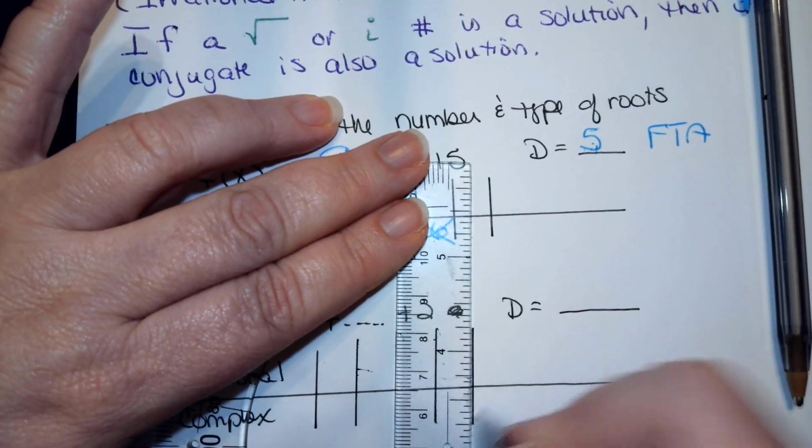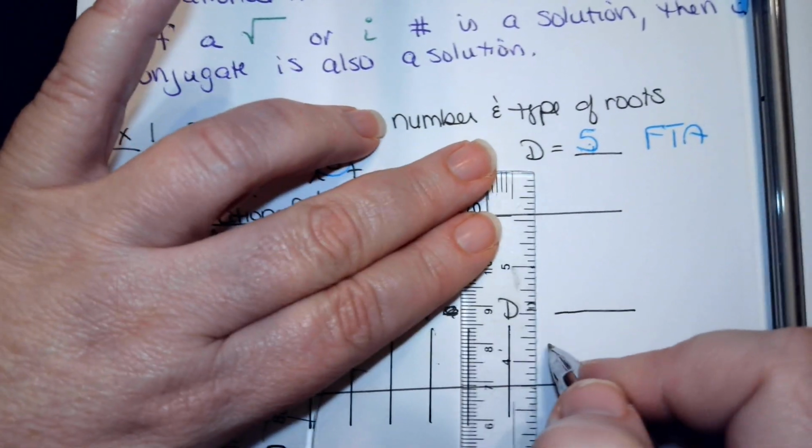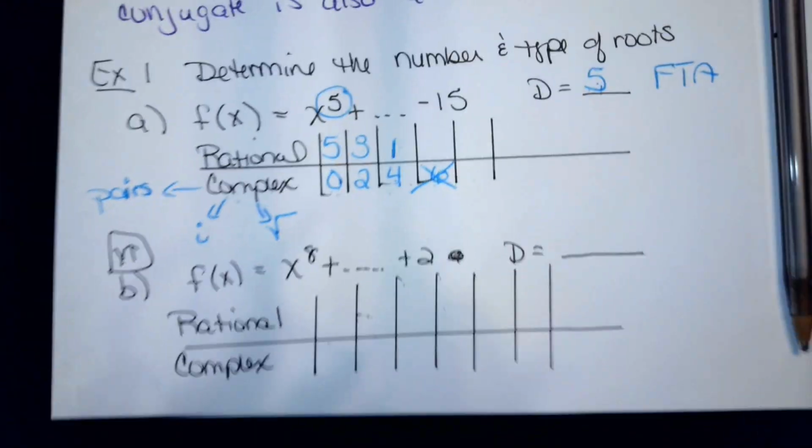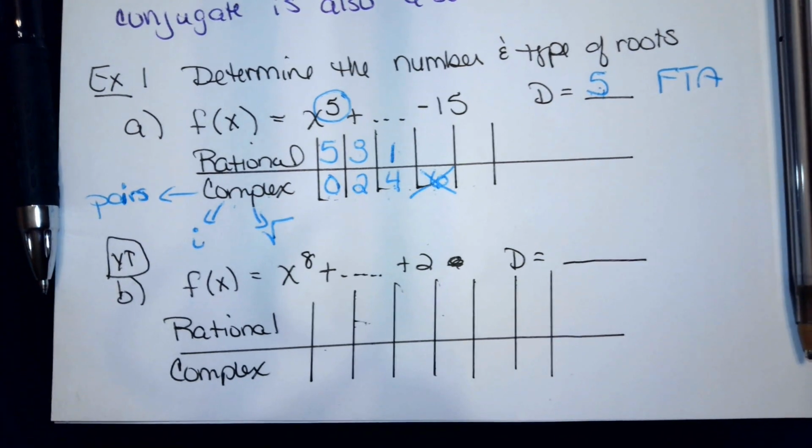Now, when I draw these columns, it doesn't mean that we're going to have that many. So I'm just drawing enough just to get some colors in there. So pause the video for about 1 minute and see what you get for me.